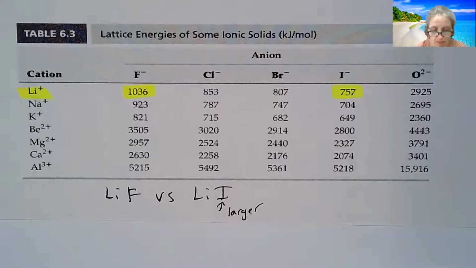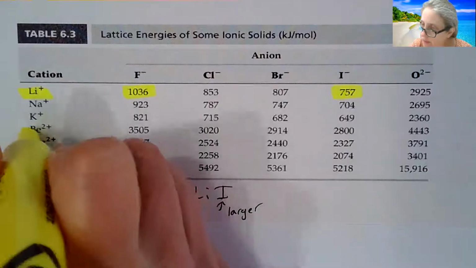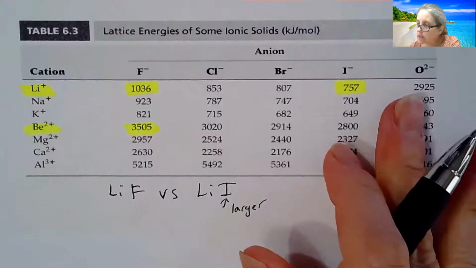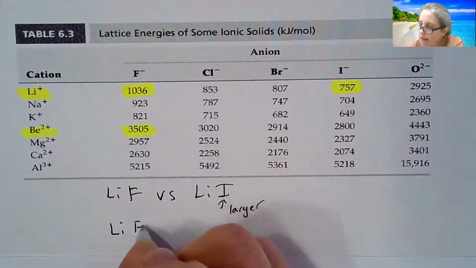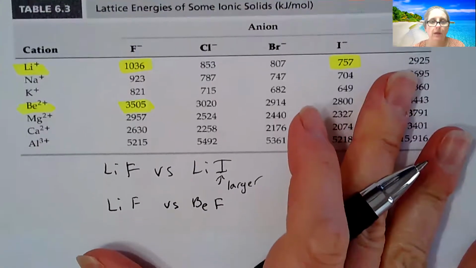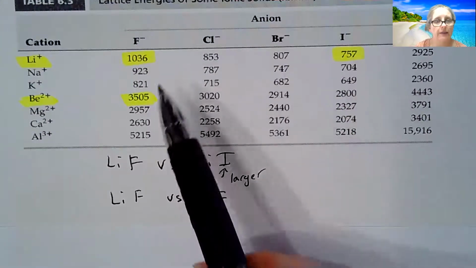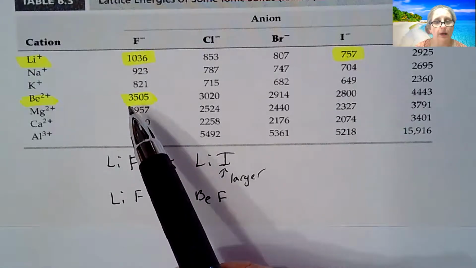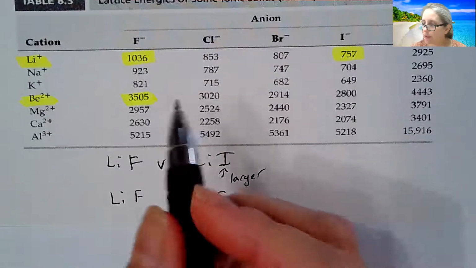The other thing I want to compare it to is beryllium. So let's look at lithium fluoride versus beryllium fluoride. If I look at the lattice energy for beryllium fluoride, there should be a 2 there.